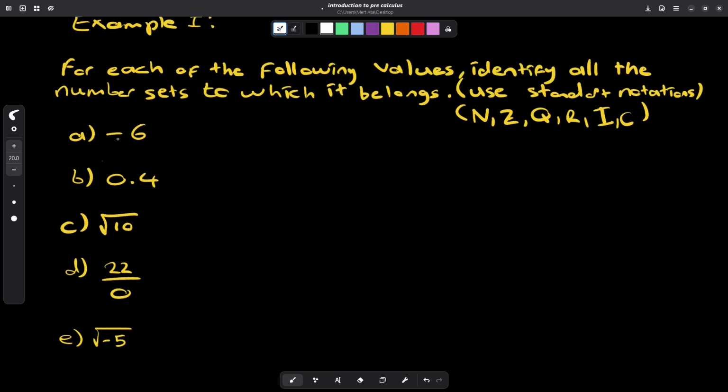Let's do it together. Negative 6 is clearly not a counting number because we don't have negative numbers there. It's an integer though, and you can write this as negative 6 over 1, which makes it a rational number, and it's clearly in the set of R. Since it's in the set of R, it's also in the set of complex numbers.